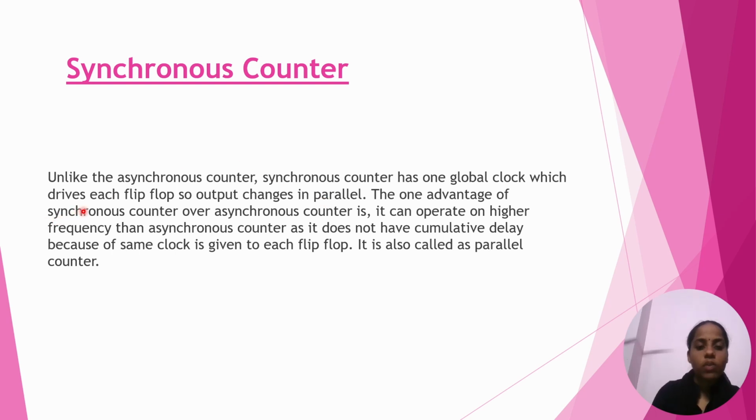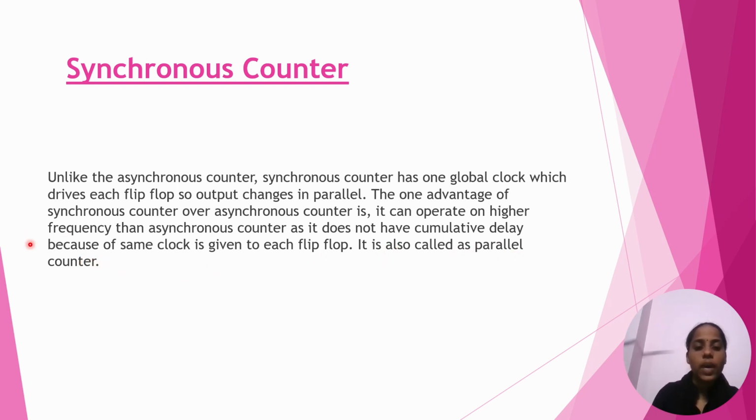Next, the synchronous counter. The synchronous counter has one global clock which drives each flip-flop, so the outputs change in parallel. One advantage of a synchronous counter over an asynchronous counter is that it can operate at higher frequencies, as it does not have cumulative delay because the same clock is given to each flip-flop.